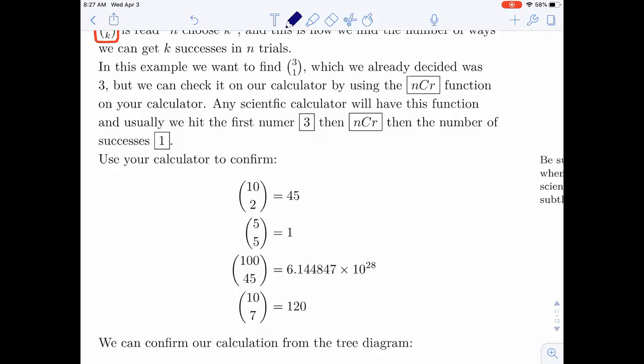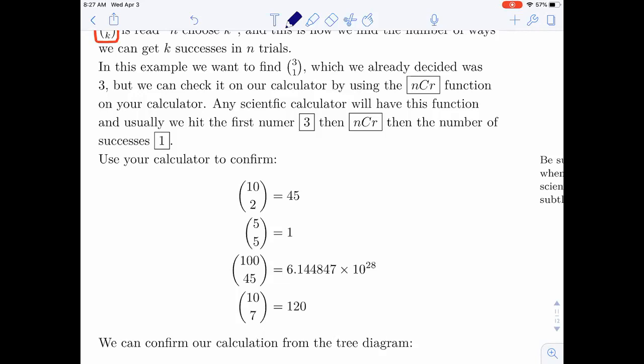You definitely wouldn't want to do a tree diagram of that. So just be careful when you're seeing scientific notation, or at least be aware of what it looks like. On this one, there's a little space. But if you try 100 choose 45, you will get scientific notation.